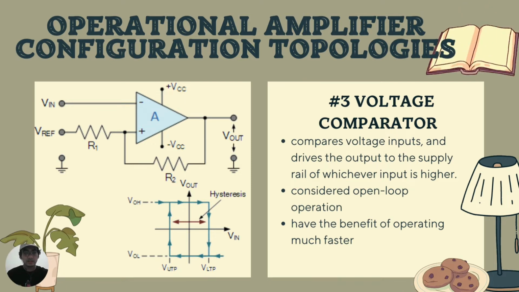A voltage comparator compares voltage inputs and drives the output to the supply rail of whichever input is higher. It is considered an open loop operation because there is no feedback. It also has the benefit of operating much faster compared to the two previous topologies that we have discussed.